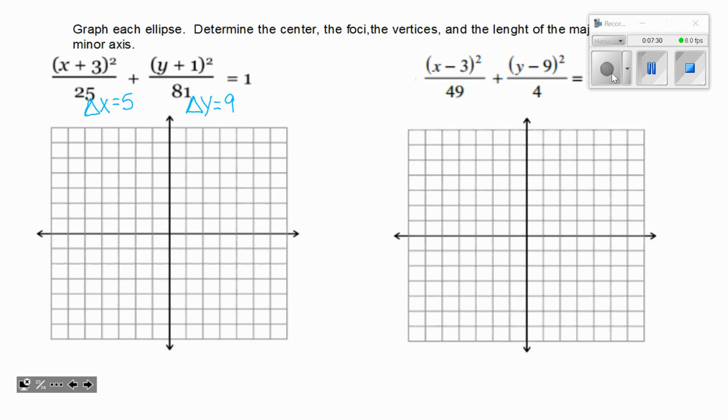The center of this thing, remember, it's x minus h and y minus k, so that center is -3, -1. And so we do the same thing that we've done in all of the other problems as far as finding the focal point, the vertices, all of that.